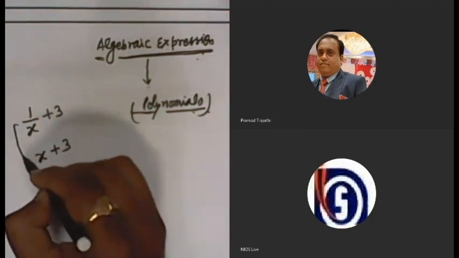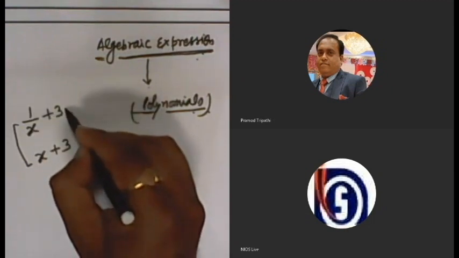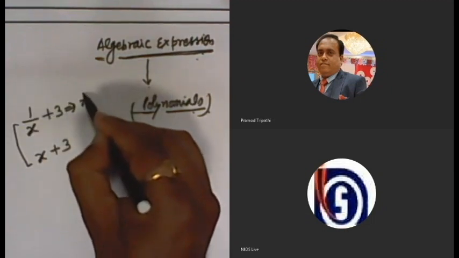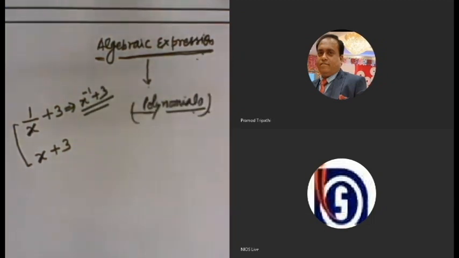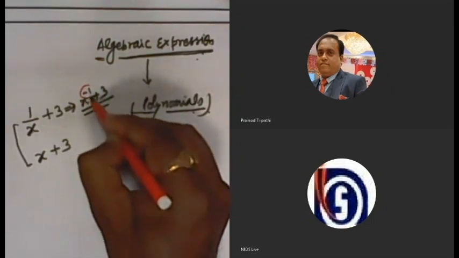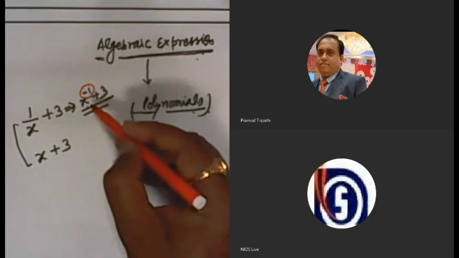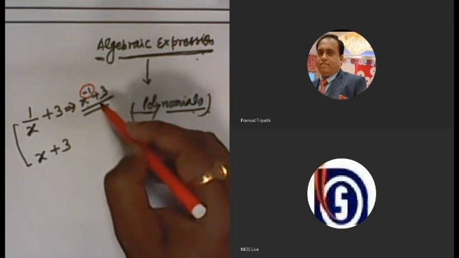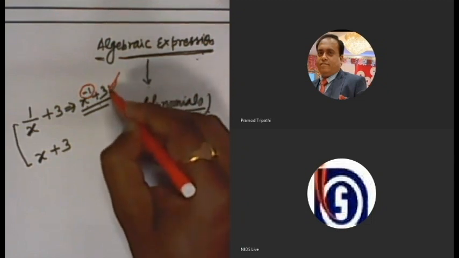What we see in these two examples, when x goes to the numerator side, x becomes x raised to the power minus 1, plus 3. So in the first expression, the exponent of the variable is minus 1. That is not a whole number. Hence, this is an algebraic expression but it is not a polynomial.